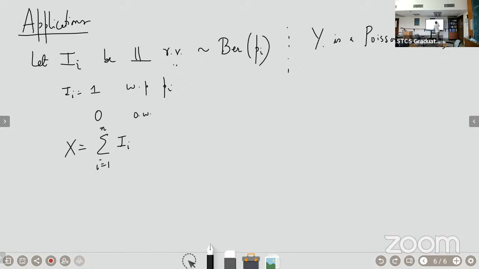What does that mean? The probability that Y equals k is e to the minus lambda, lambda to the k over k factorial. Make sure that I write something. I'm pretty proud of making a mistake in distribution. Everything is correct. Okay, these two distributions, whatever.